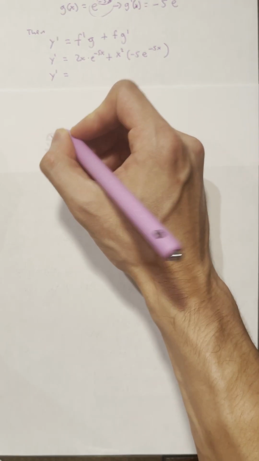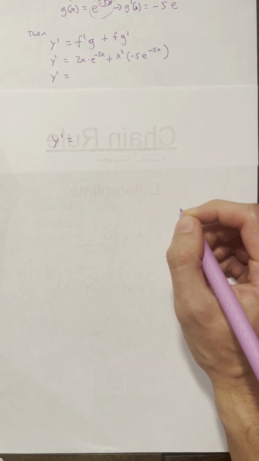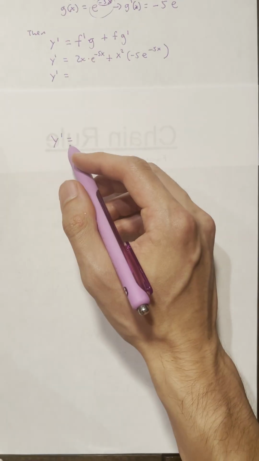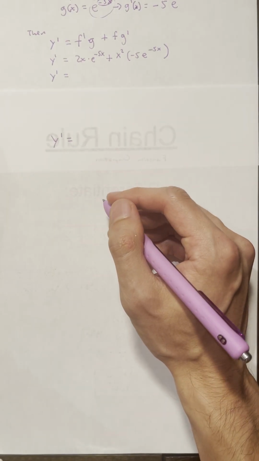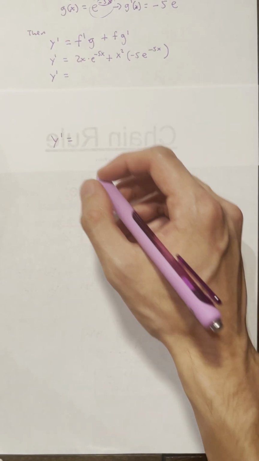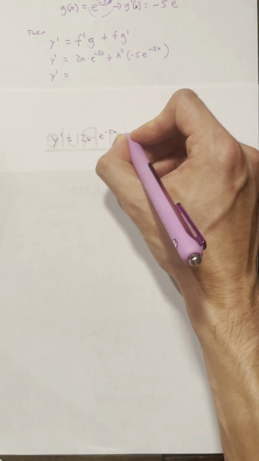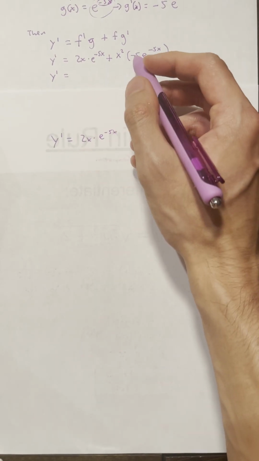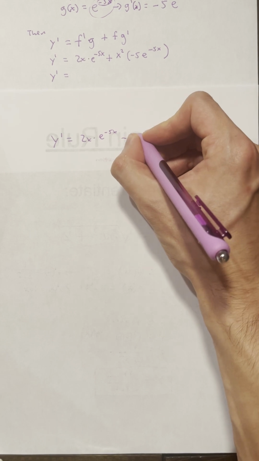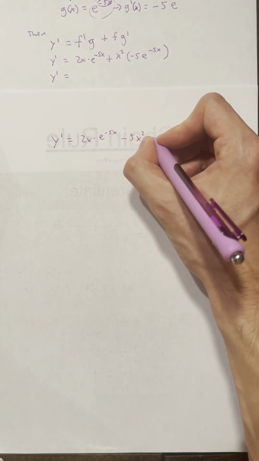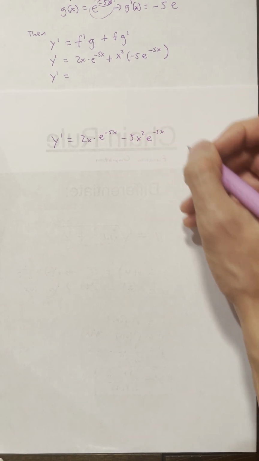And by the way, what I do on this sheet, you don't have to write down. I'm just doing it on here to elaborate on some things. Okay, so 2x times e to the power of negative 5x, and then it's going to be minus 5x squared times e to the power of negative 5x.